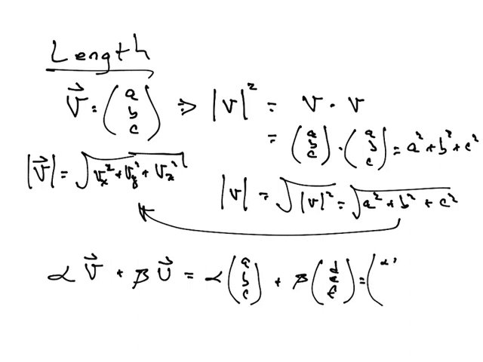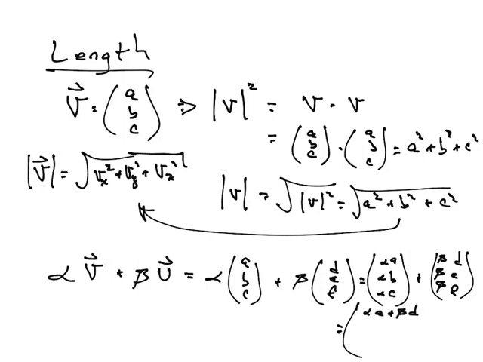So that's alpha A, alpha B, alpha C, plus beta D, beta E, beta F, which of course becomes the vector alpha A plus beta D. That's the x component of our new vector. And alpha B plus beta E, that's the y component. And alpha C plus beta F, that's the z component.